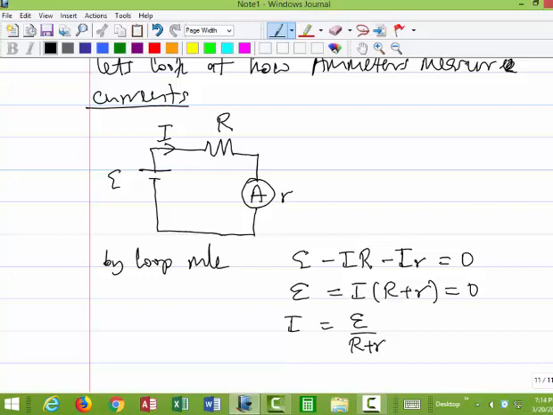What this tells us is that we want an ammeter which doesn't influence the current that we are measuring.